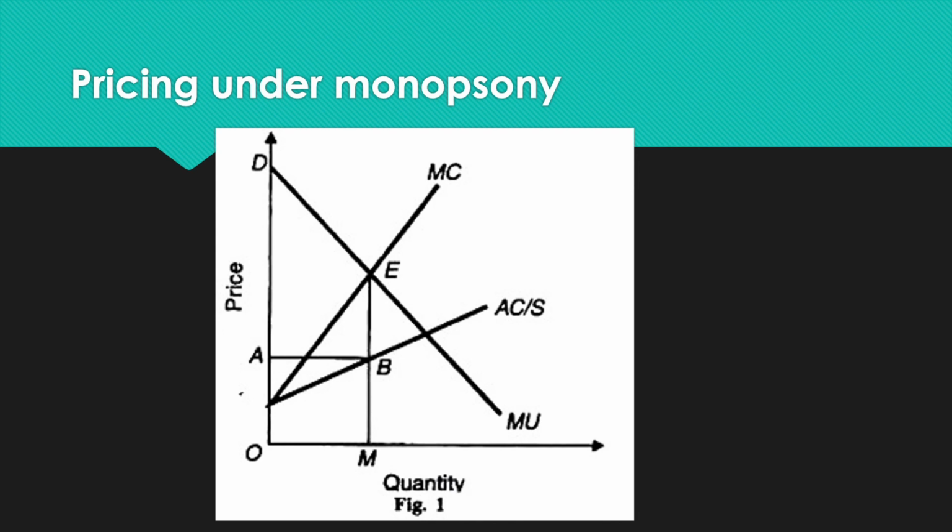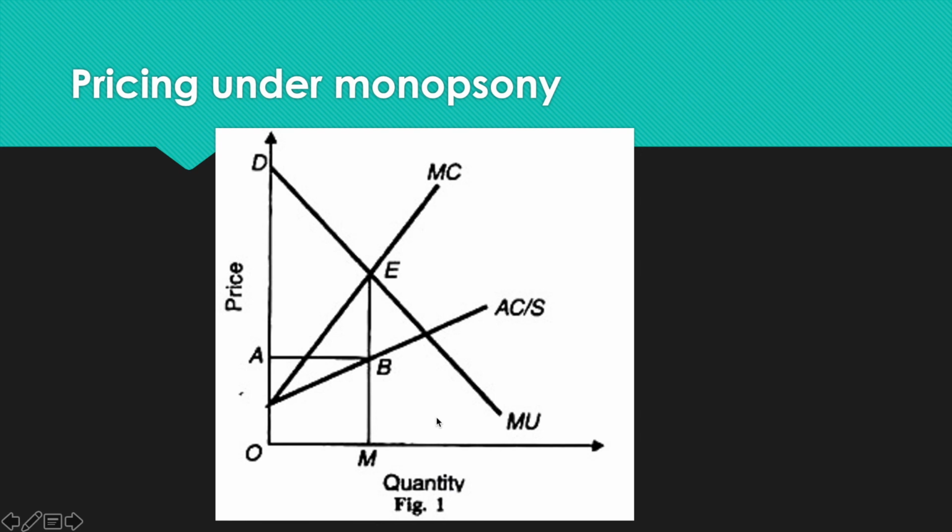So here in this diagram, we can see the determination of price in a monopsony is explained. The supply curve of the industry is the average cost of the monopsonist, and it is from the industry that he buys the product. Now this is represented by the ACS curve, this one, and the MC is its corresponding marginal cost curve that you can see here, and the MU is the marginal utility curve of the monopsonist.